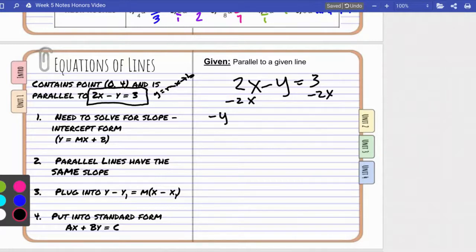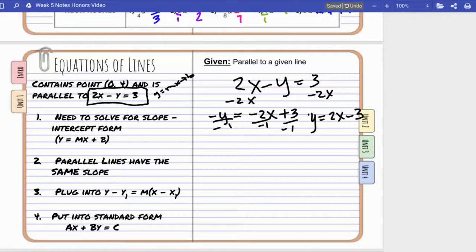We get negative y equals negative 2x plus 3. Then we divide everything by negative 1, so we get y equals positive 2x minus 3. The whole reason we did this is because we're trying to find our slope. So our slope is 2.